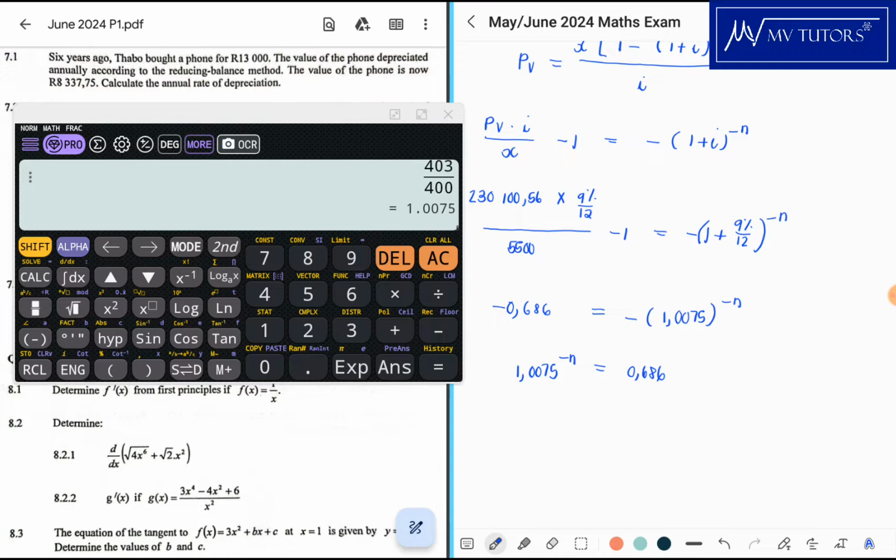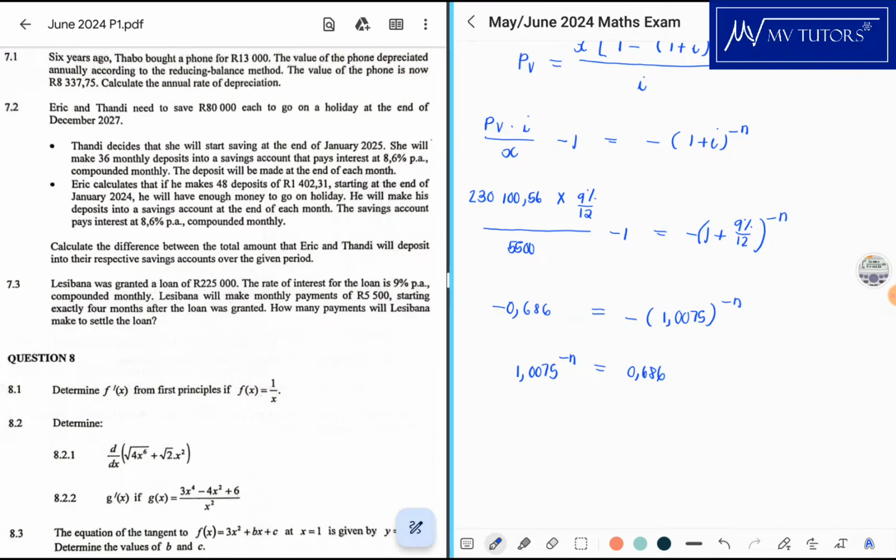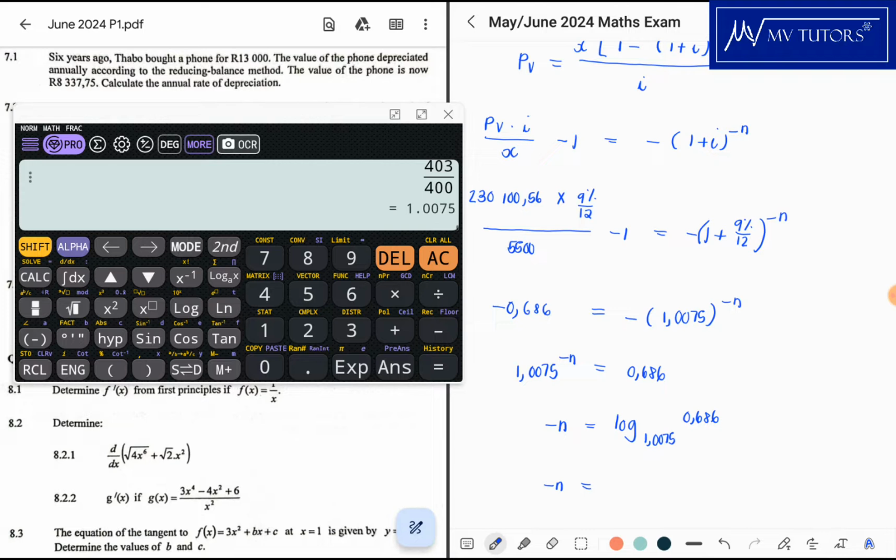And because n is my unknown and it's an exponent, I'm going to use logs. So I'm going to say negative n is equal to log base 1,0075 of 0,686. So I am going to say A multiplied by negative 1. Remember we had negative 0,686, so now I need a positive.